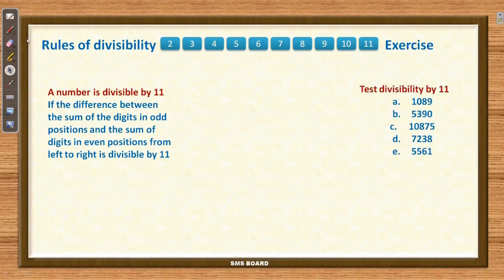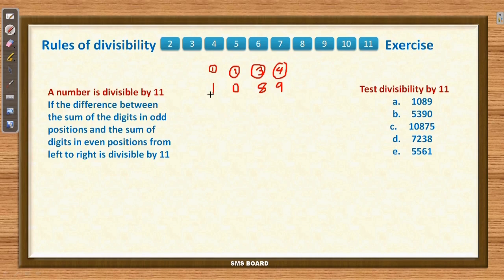That is, the first problem is 1089. In this, the digits are 1, 0, 8, 9. This digit is in odd position, this digit is in even position, this digit is in odd position, this digit is in even position.